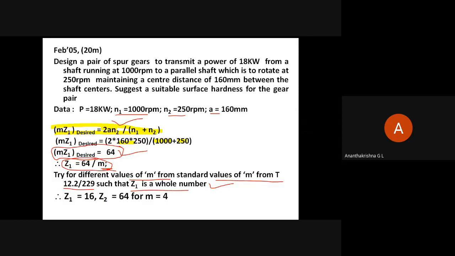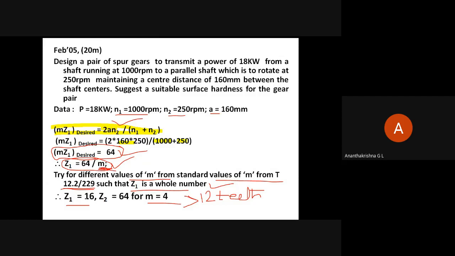Take the z1 equation, and from the standard module table 12.2 keep substituting the value of m such that z1 is greater than 12 teeth and z1 is a whole number. Then you fix your z1 and module.